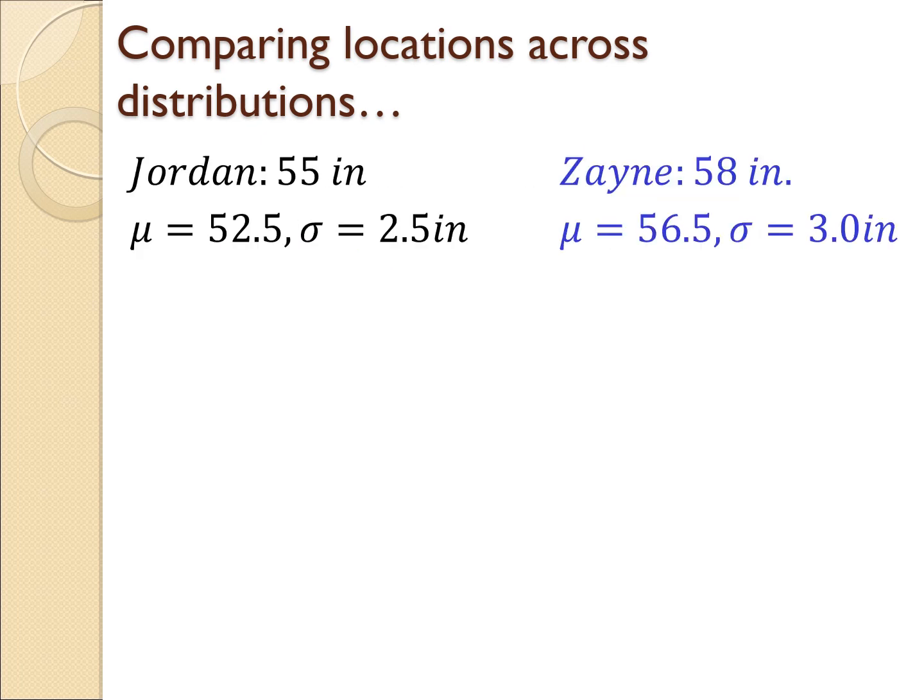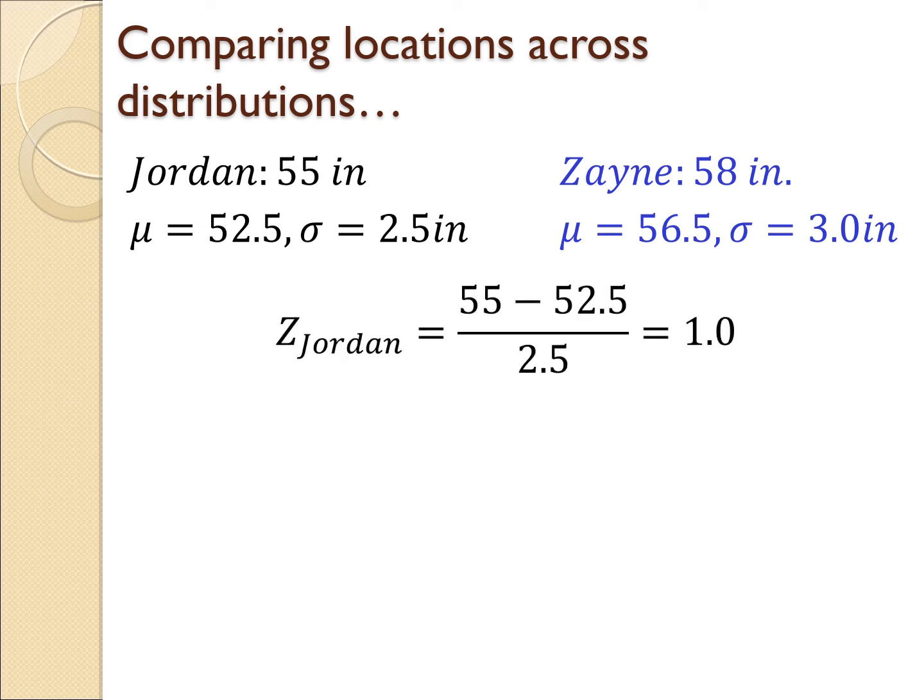Now I have the key information summarized here, Jordan in black, Zane in blue. And what we want to do at this point is find z-scores for each of these children. So Jordan had a height of 55. We subtract that mean of 52.5 and divide by the standard deviation. Jordan's height has a z-score of 1.0.